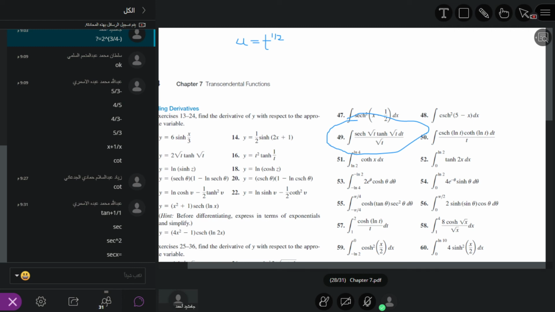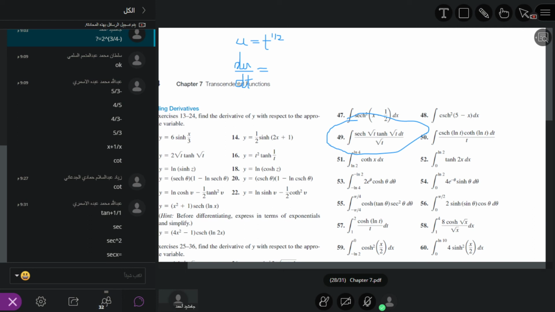So here we take the derivative: du over dt. What is the derivative of t power 1 by 2?